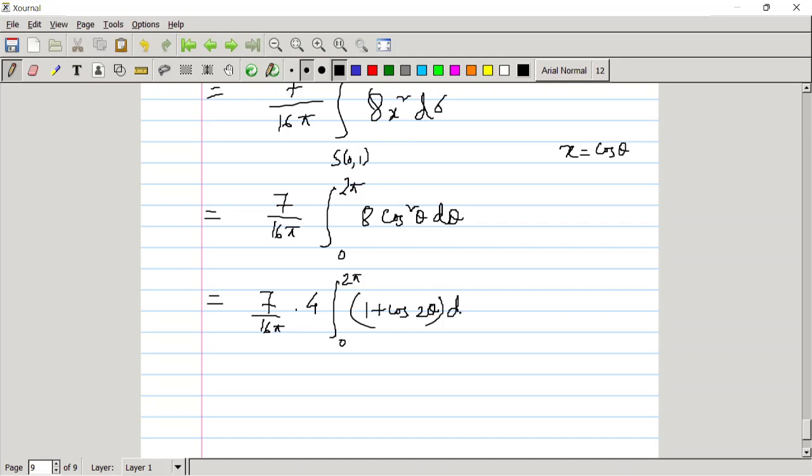I am just putting x equal to cos theta, nothing. And integration of cos 2 theta 0 to 2 pi is 0. Okay, so 7 by 4 pi into 2 pi, that is 7 by 2 equal to 3.5. This is my answer.